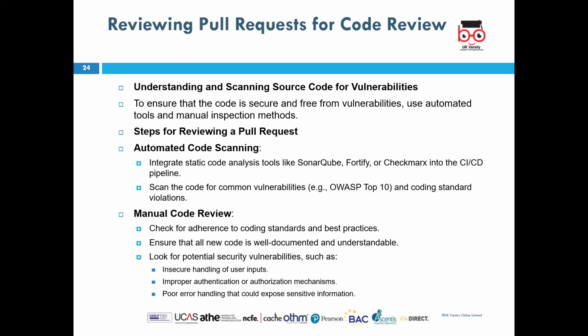We need to automate our code scanning. So we need to ensure that every quarter, or monthly, or even weekly, there are automated code scans where we integrate static code analysis tools, which allow us to improve the pipeline of our code.